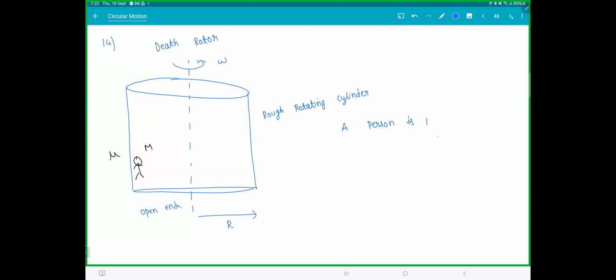The person is placed in a rough cylinder with his back touching the walls. Find omega if he does not slip. So when this thing rotates with a certain omega, he won't slip. If you rotate too slow, you will slide.